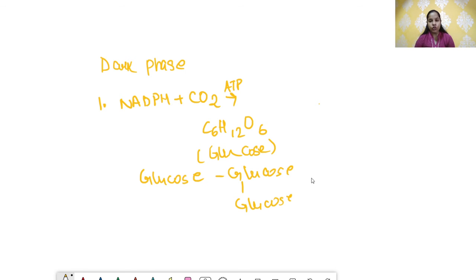That means glucose polymerizes in such a way that it forms a polysaccharide which is known as starch, and it is stored in the plant, and as and when the plant requires, it uses it for its activity. So the formation of starch from glucose is known as polymerization.